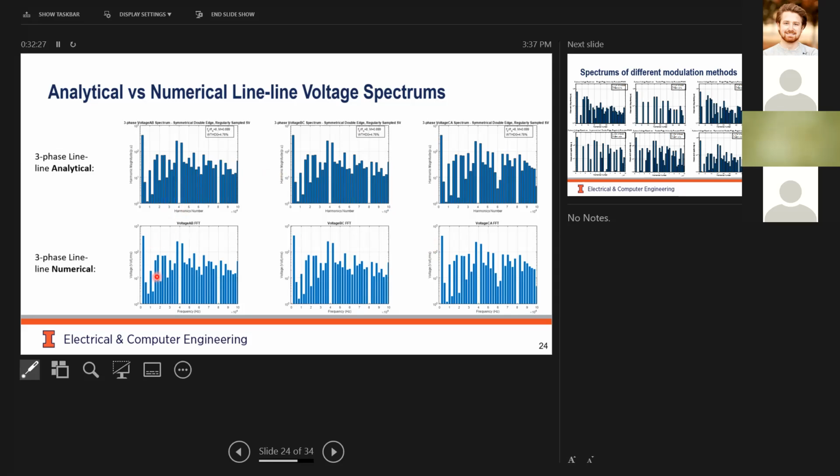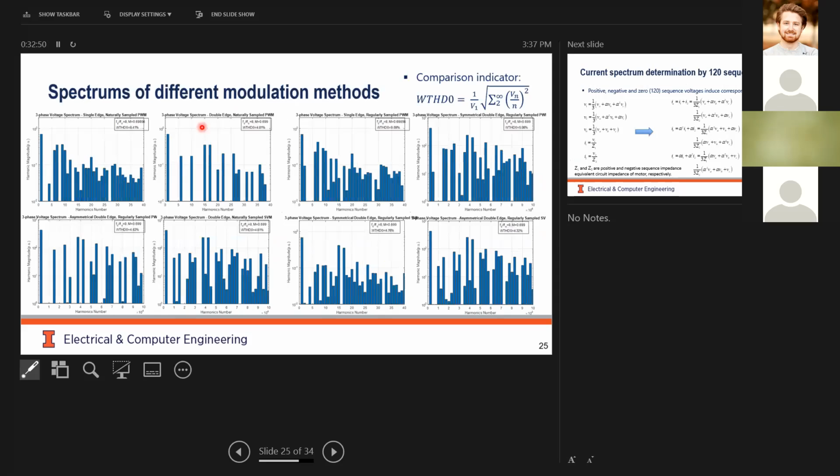So you can see that this is VAB by analytical, and this is VAB by numerical, or more specifically, Simulink simulation. Then VBC, VBC, VCA, VCA. Basically, they match each other very well, so that we can trust the accuracy.